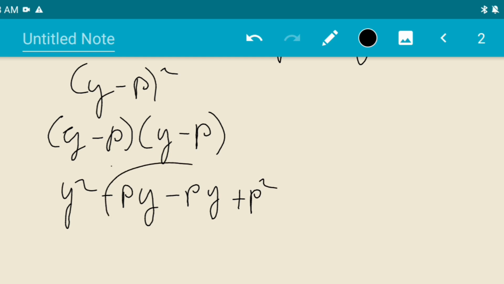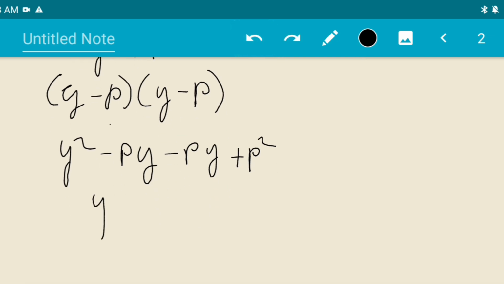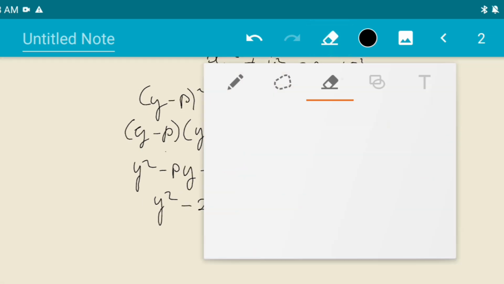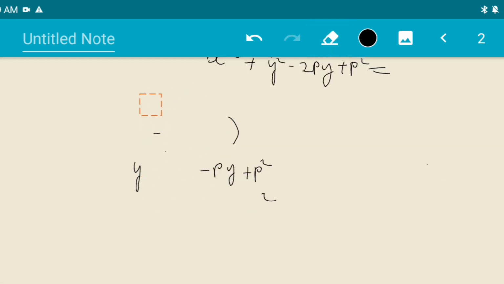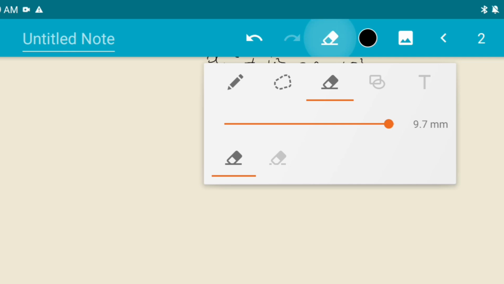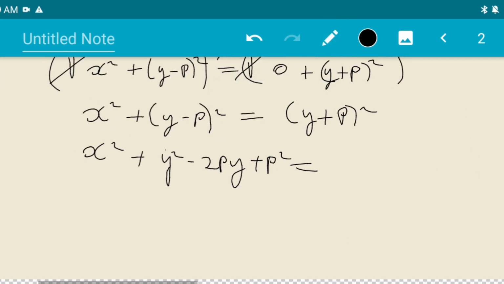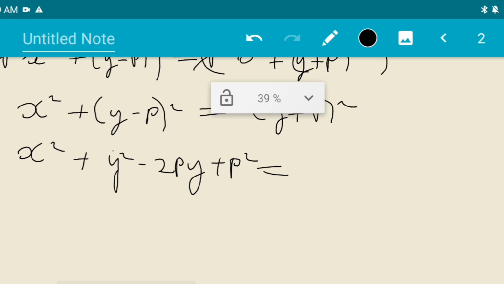So this here is more like negative 2 minus 2, which will just be negative 4. So this here will be y squared minus 2py plus p squared. So it's just a simpler way of simplifying.